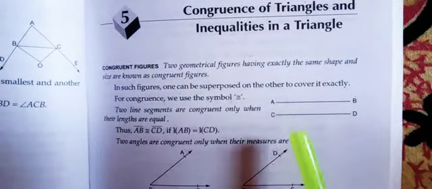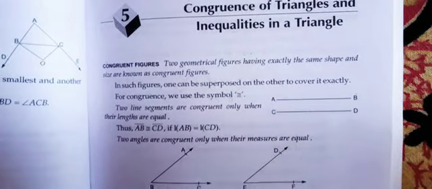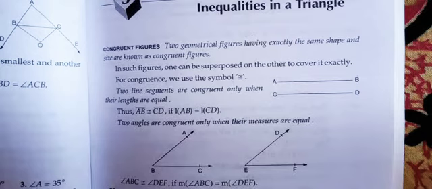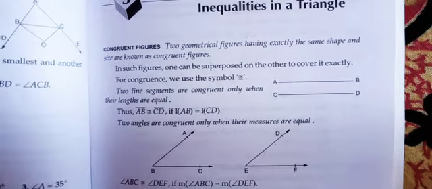If two figures look identical, those figures are called congruent figures. Similarly, triangles are also congruent, and you know about the congruent sign. This is the sign of congruency. Okay, triangle ABC is congruent to triangle DEF.